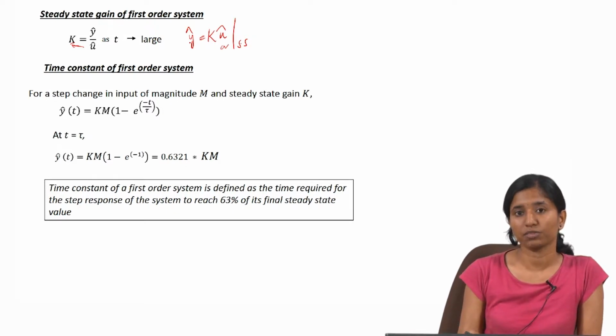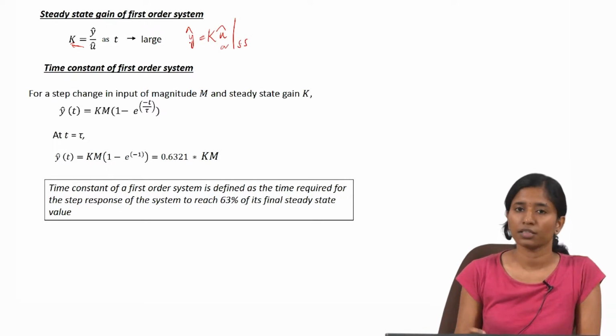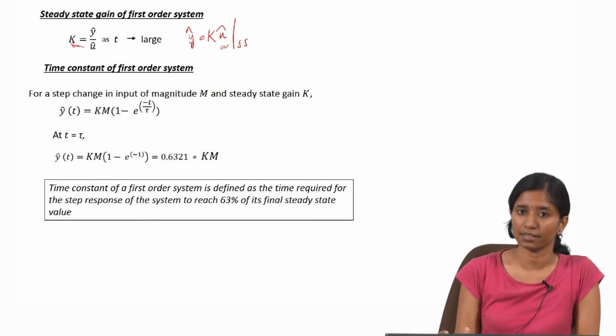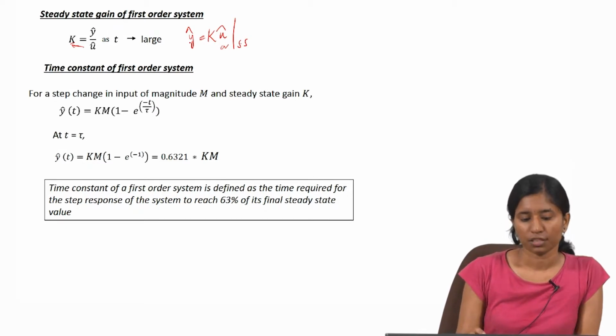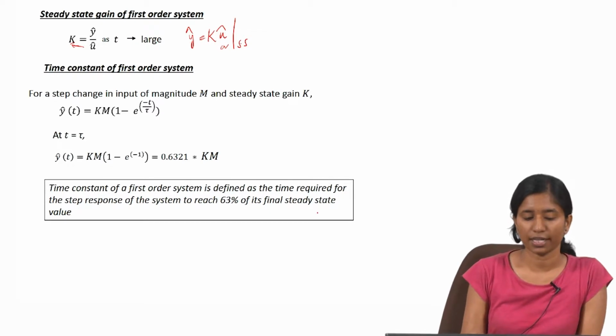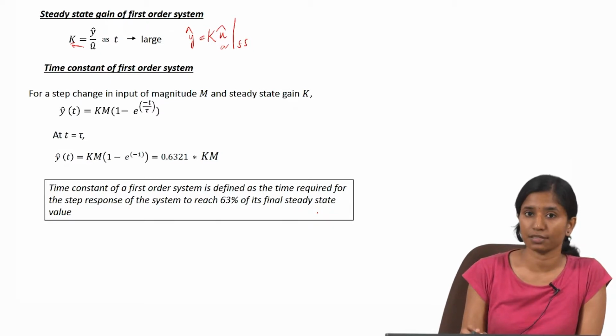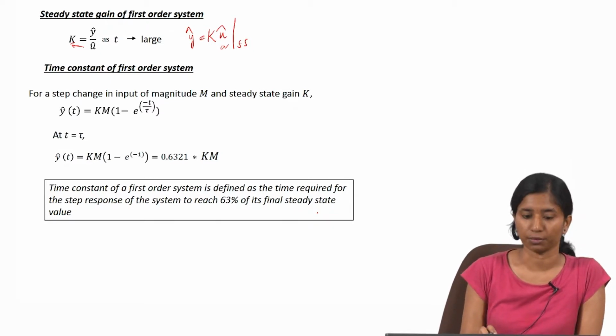Only if there is a very large change in input can we see an appreciable change in the output, and such systems are quite insensitive to changes in inputs. So, this process gain or the steady state gain is basically the ratio of the output as it approaches the steady state to the input.